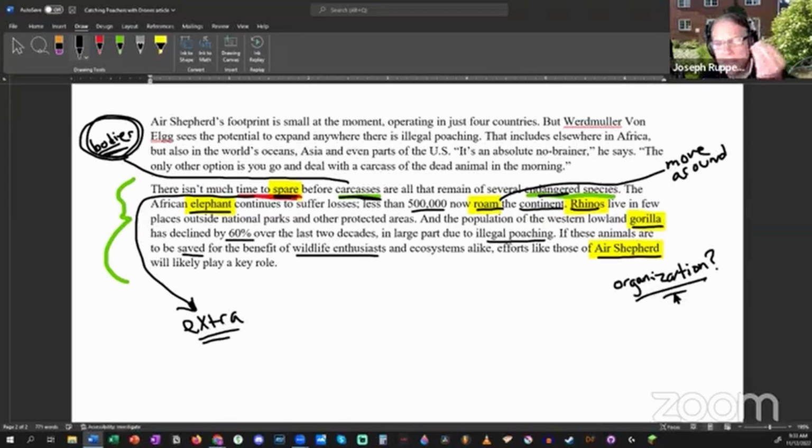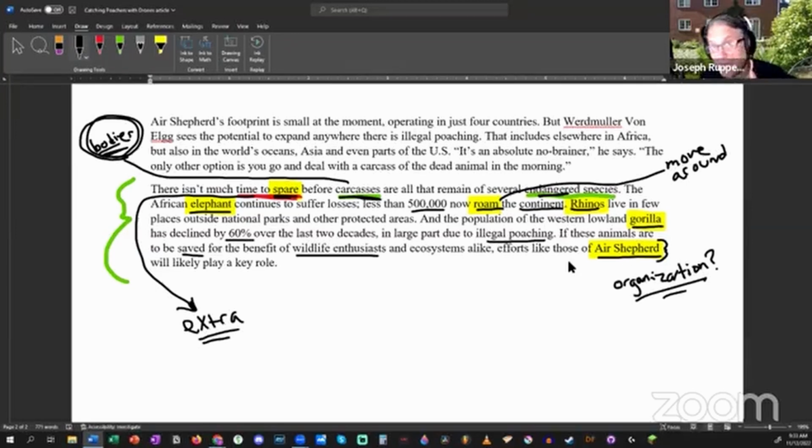So the basic idea of this last paragraph is that we have this danger of poachers killing off these animals. And if these animals are to be saved, it would have to be something like this organization that would do it.